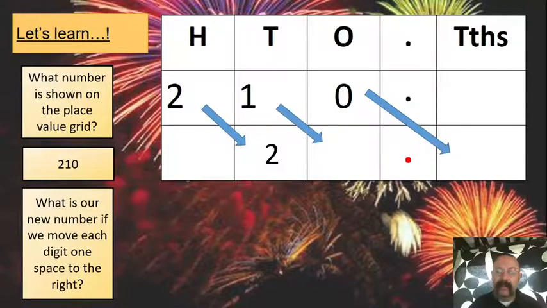So we've got our 2 10s, our 1 1, and our 0. We're still going to move it across so that you can see it actually doesn't have a value. It's not a placeholder because it comes at the end of the number, but we've just put it in the tenths so that you can see that every digit moves one place to the right.